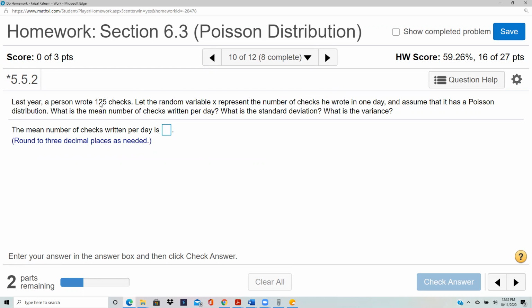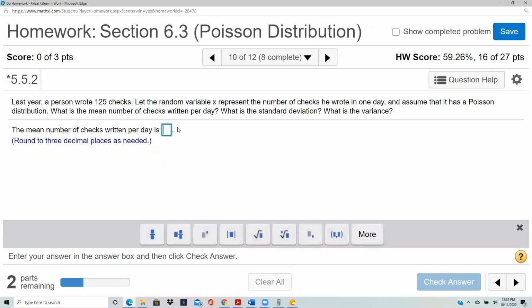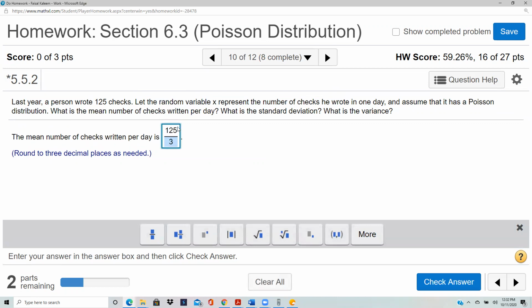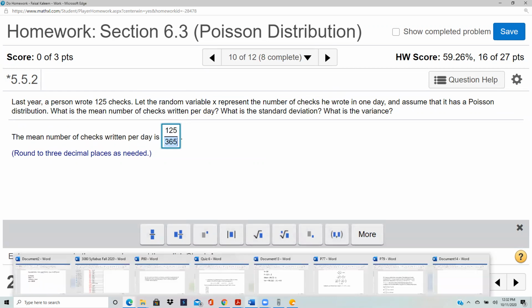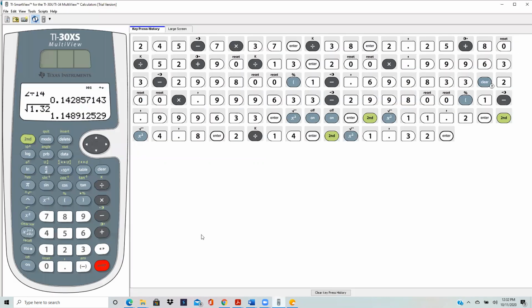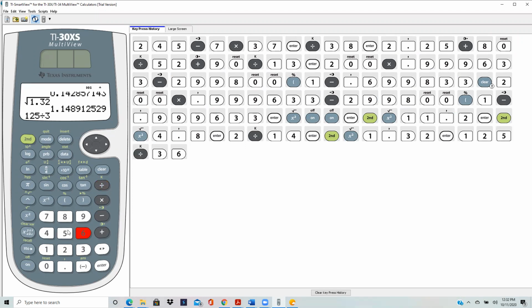So the mean in this case will be 125 over 365. 125 divided by 365. They need a decimal, 3 decimal places. 0.342.